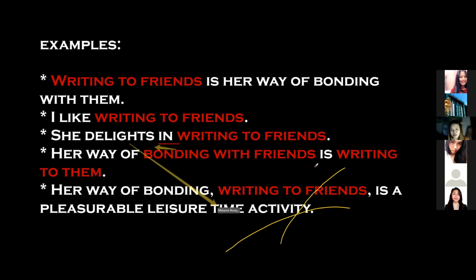Next sentence, her way of bonding with friends is writing to them. So what is the function here? There are two functions. Yung first na gerund phrase muna po tayo. The first gerund phrase is bonding with friends. What is the function of this phrase? Object of preposition. And what is writing to them? What is the function? Predicate nominative. Appositive. Direct object.